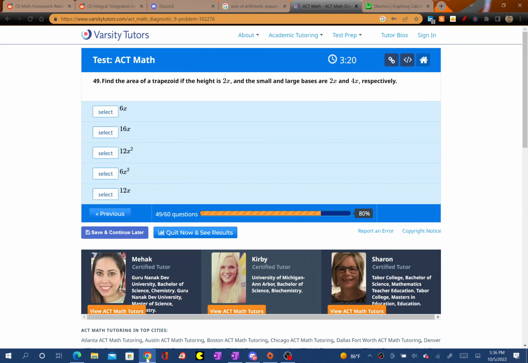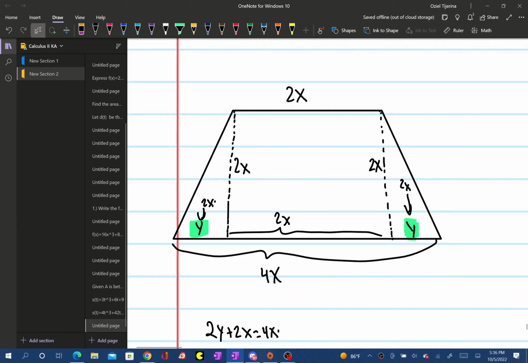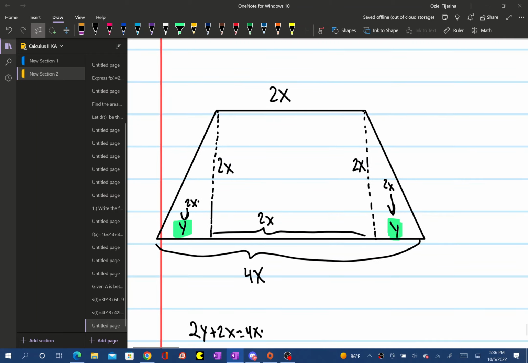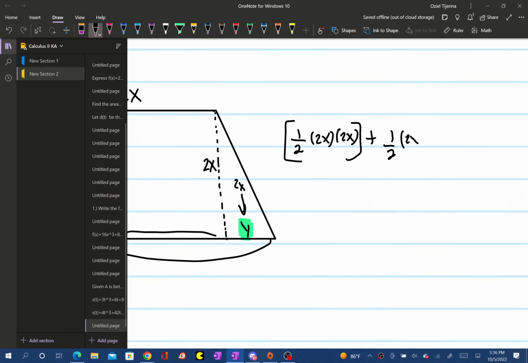of the trapezoid. So, honestly, I always like to split it up, so I don't remember the area of a trapezoid, but I like to split it up into 2 triangles, so it's like 1/2 times 2x times 2x plus 1/2 times 2x times 2x.